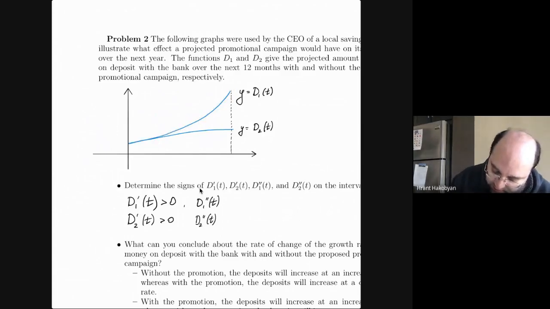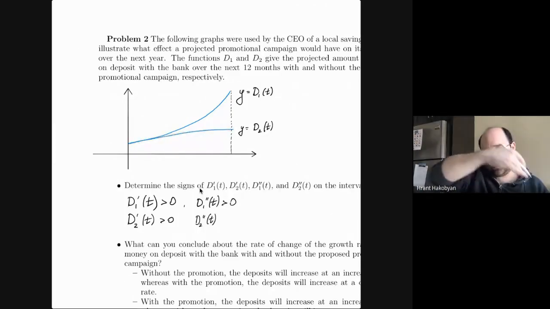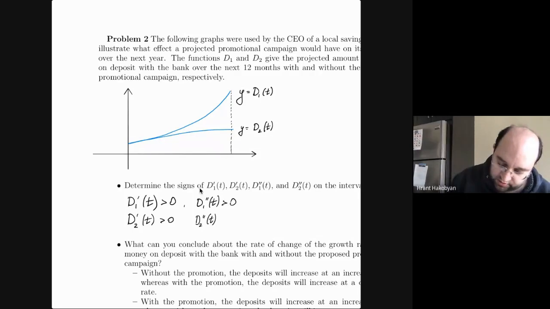So I'm going to write that the second derivative is positive. And for D2, well, look at this one here. It's getting bigger and bigger, but at a slower and slower rate. So it is bending down. So that means the second derivative is actually negative. Okay? So that's what we can say.